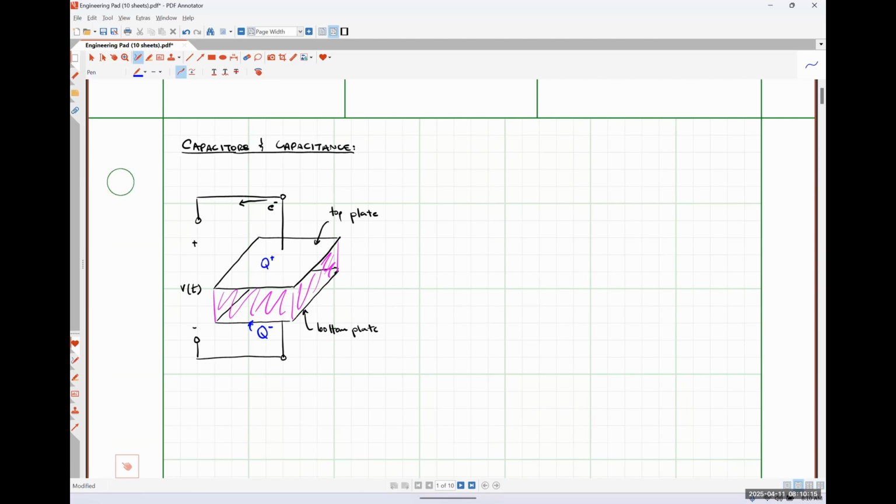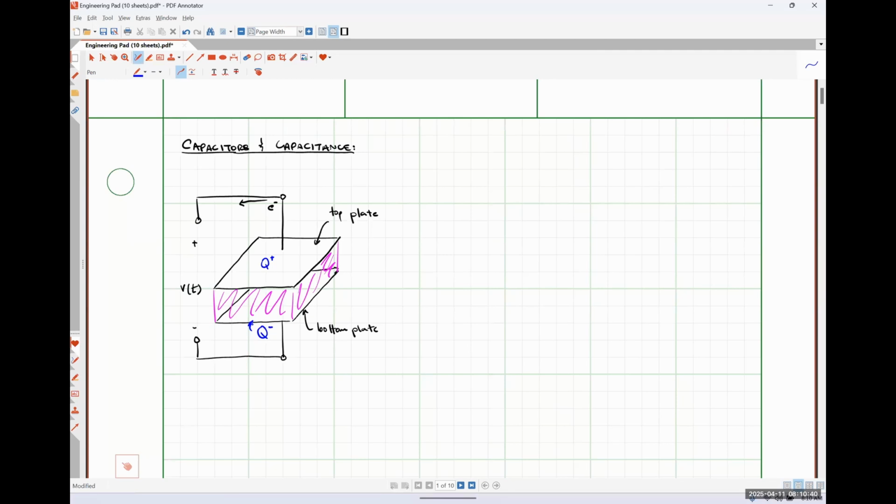But every subsequent positive charge I try to put on that top plate is a little bit harder to put on there because those positive charges are repelling each other. So effectively, it takes me performing work in order to get those positive charges to accumulate on that top plate and those negative charges to accumulate on that bottom plate.